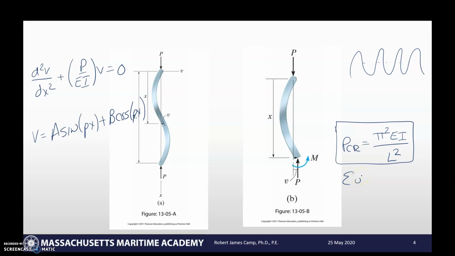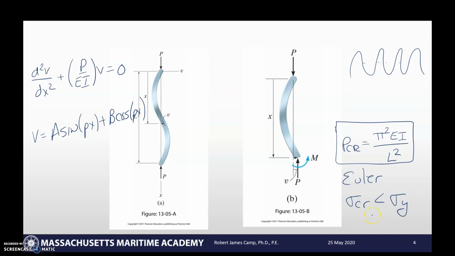E-U-L-E-R, the same guy from calc or whatever, very famous Swedish mathematician, 1707 to 1783. And Euler's formula only applies when the critical stress is less than the yield stress.